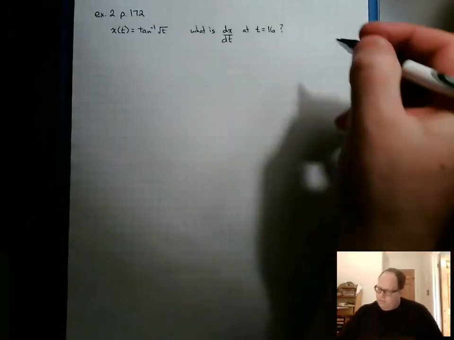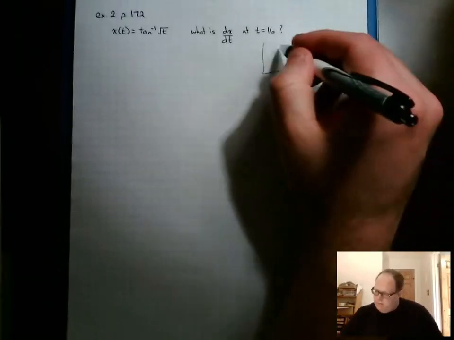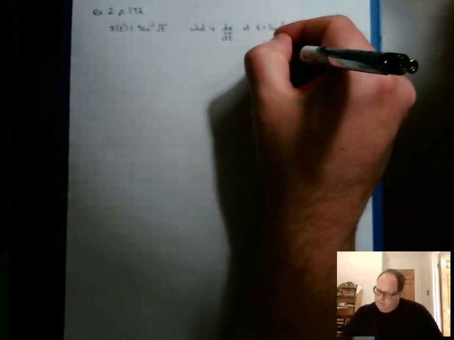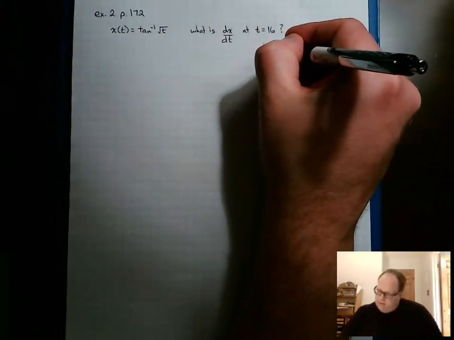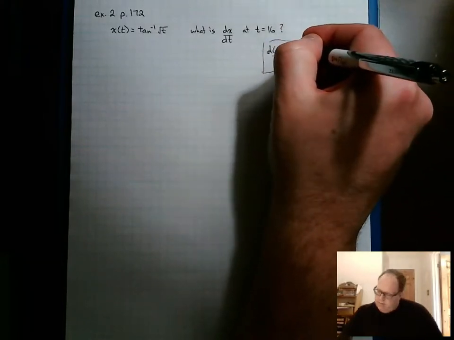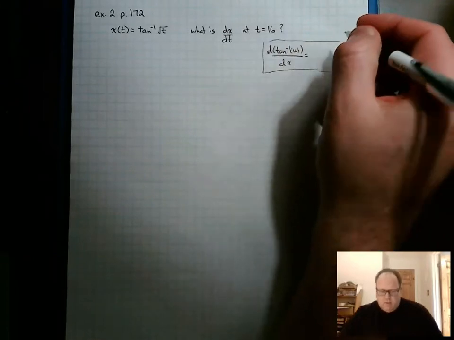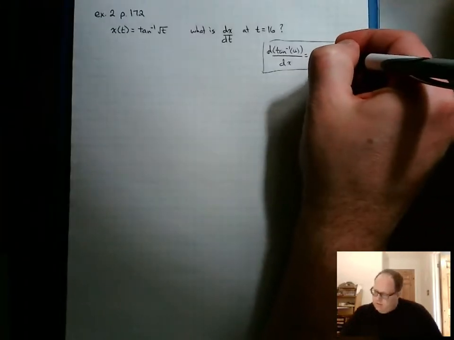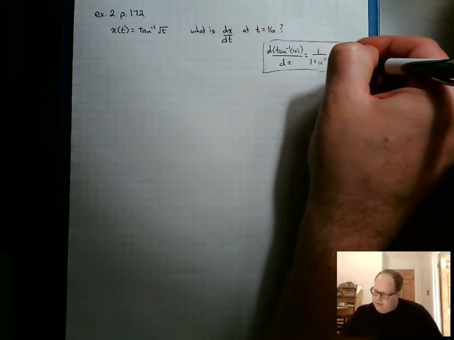So, from our formula sheet, we are told that the derivative of inverse tan u with respect to x is equal to 1 over 1 plus u squared du dx.